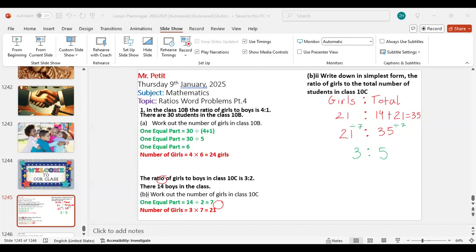I got a 6 out of 6. Good. Anyone else got all right before we move on to this one? Good, perfect. All right, let's move on to the next question.